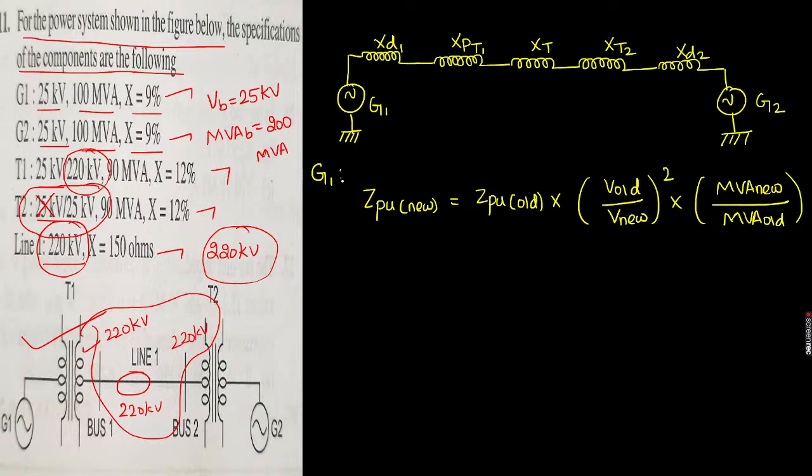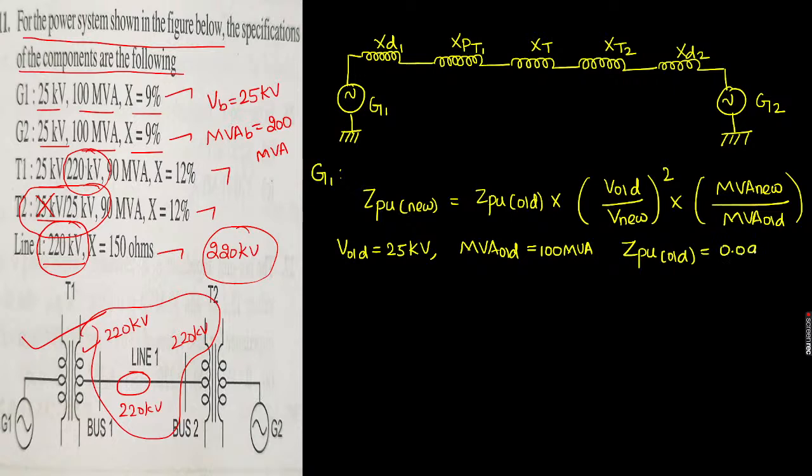Now if you observe generator 1, the given ratings are: V old was given as 25 kilovolts, and the generator rating was clearly given as 100 MVA, and the per unit reactance Z per unit old is given as 9%.